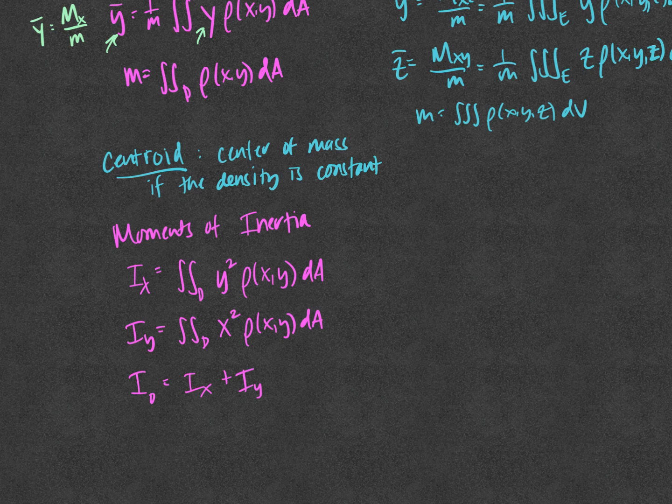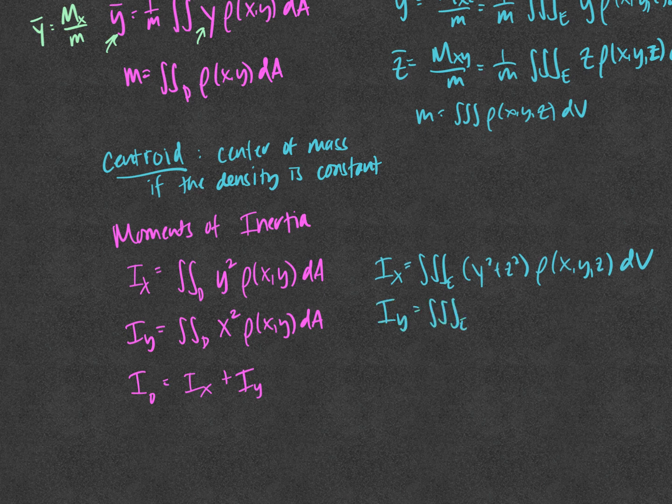Okay, so let's move this into our triple integrals. When we do this, we find that the moment of inertia about the x-axis is equal to the triple integral over E of y squared plus z squared times rho of xyz with respect to the volume. And the moment of inertia with respect to y is going to be x squared plus z squared. You can see how these formulas are all very similar.